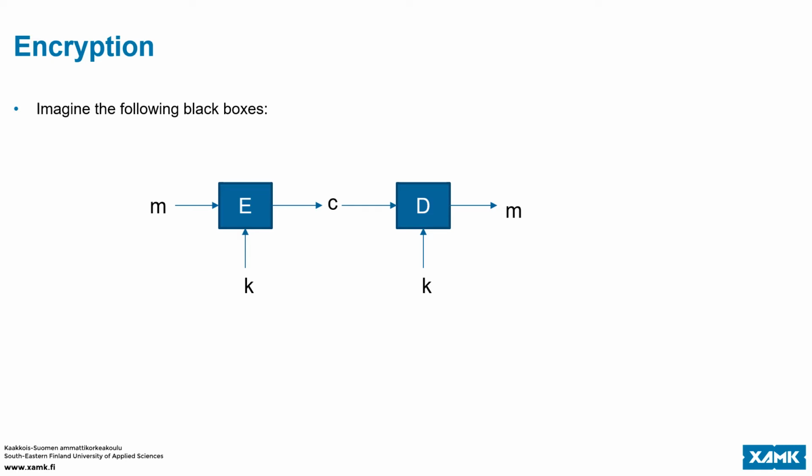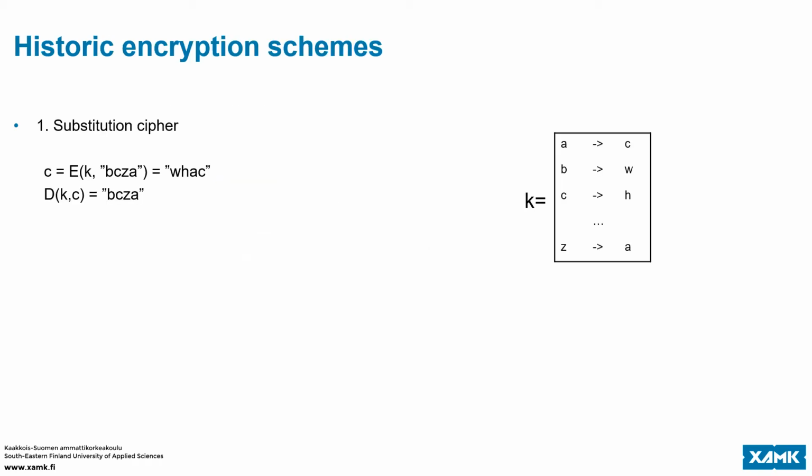So we probably have an idea of what the messages could be. A message could be something simple like "Hello world" or "Mom, please send me more money." But what could the keys possibly be? To answer that, let's look at a few historic encryption schemes to figure out how the keys could work. A classic, really old encryption scheme is what is known as a substitution cipher, or sometimes called the Caesar's cipher.